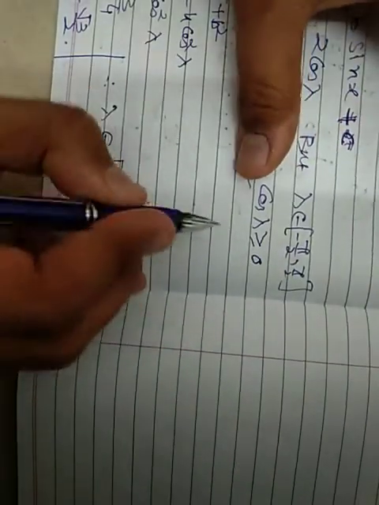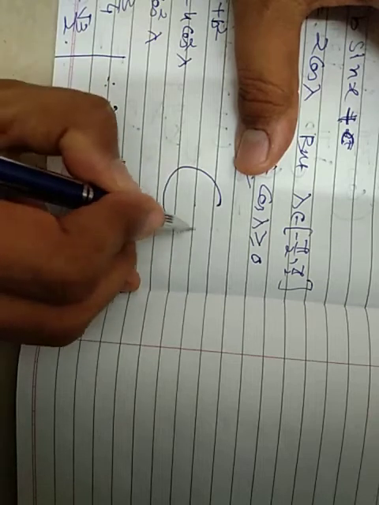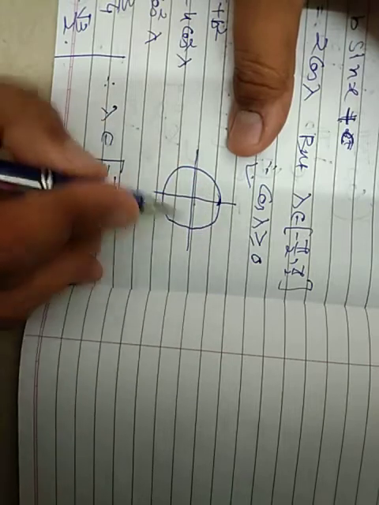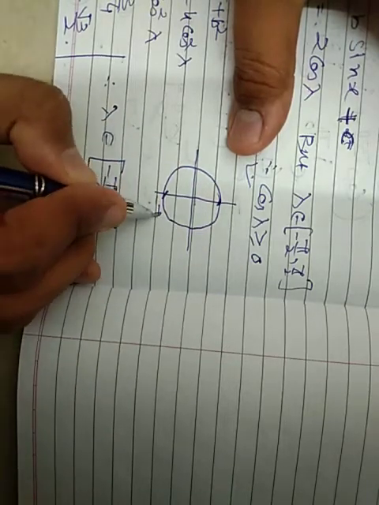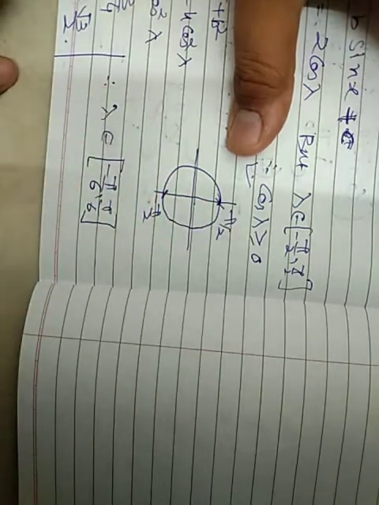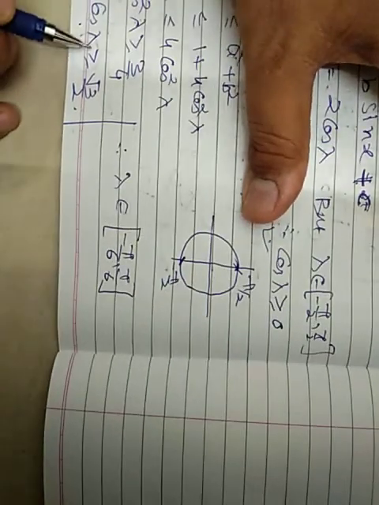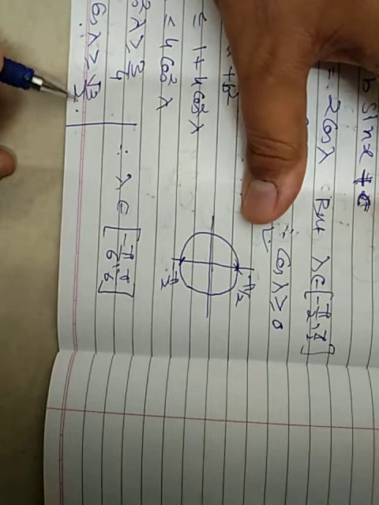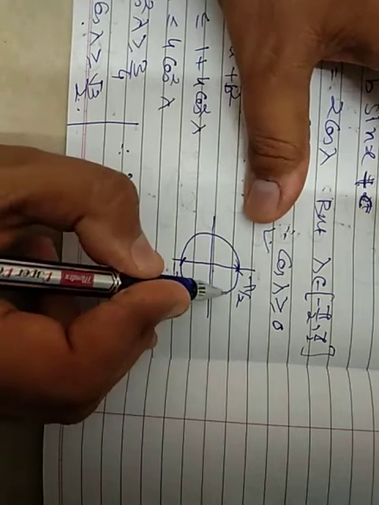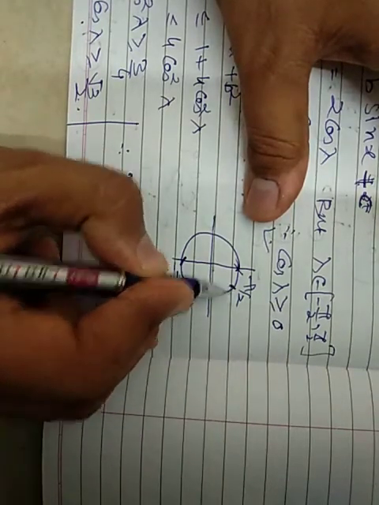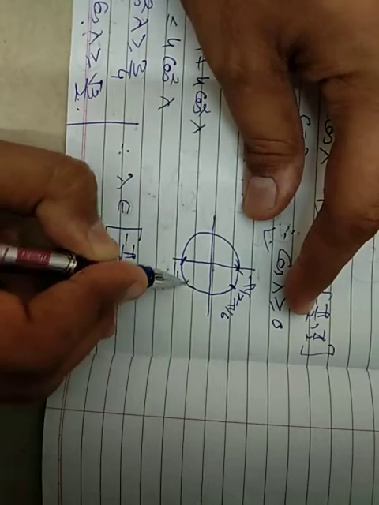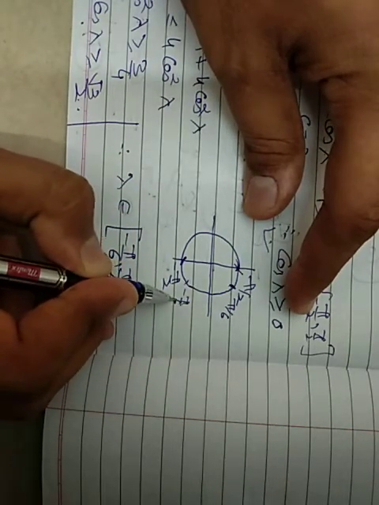Okay, cos lambda is positive in minus pi by 2 to pi by 2. But cos lambda is greater than or equal to root 3 by 2, that means this is root 3 by 2 at pi by 6, and here is minus pi by 6.